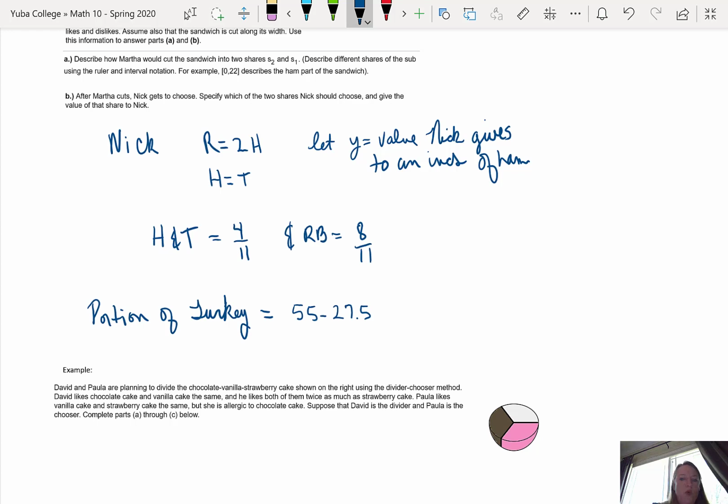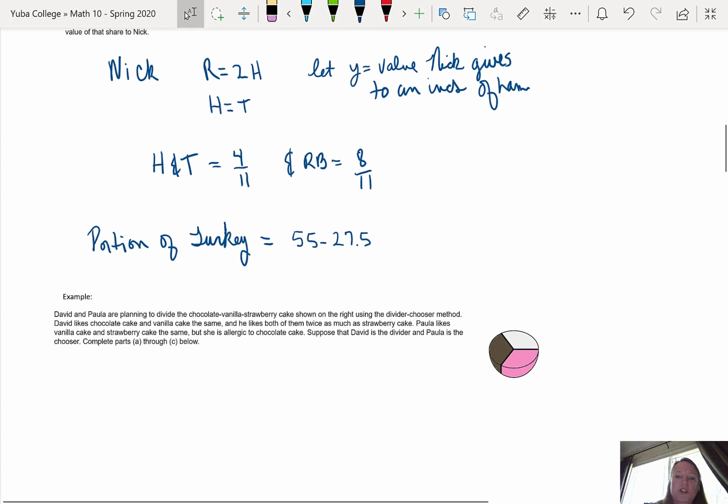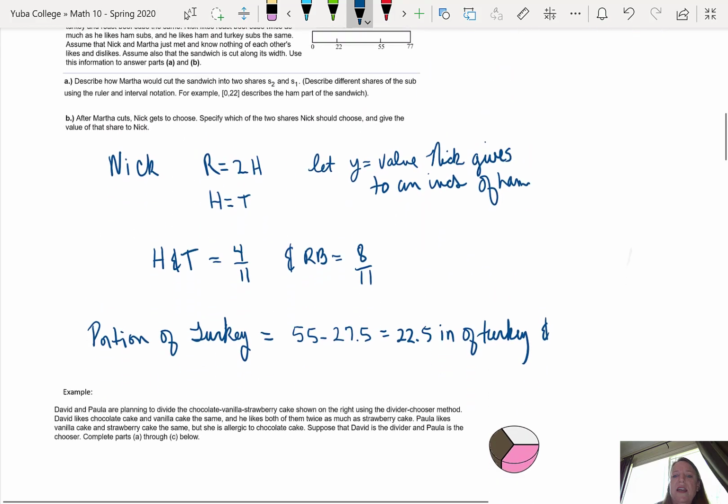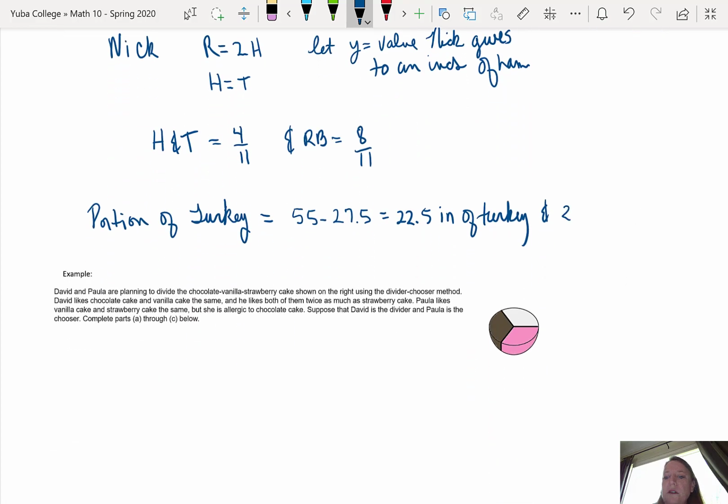That's telling me that he has 22.5 inches of turkey. And he has all of the roast beef, and that was 22 inches of roast beef.